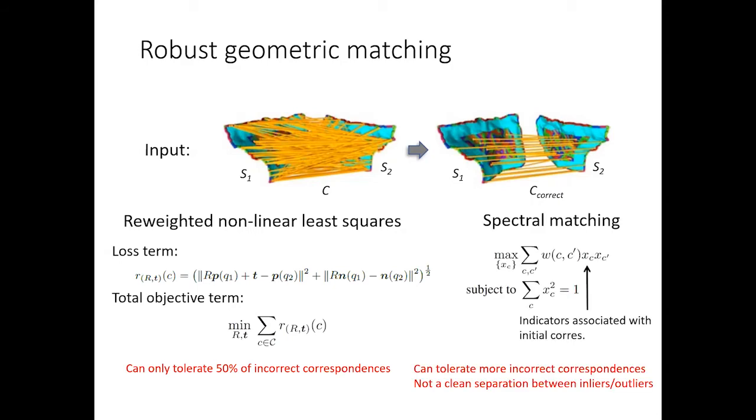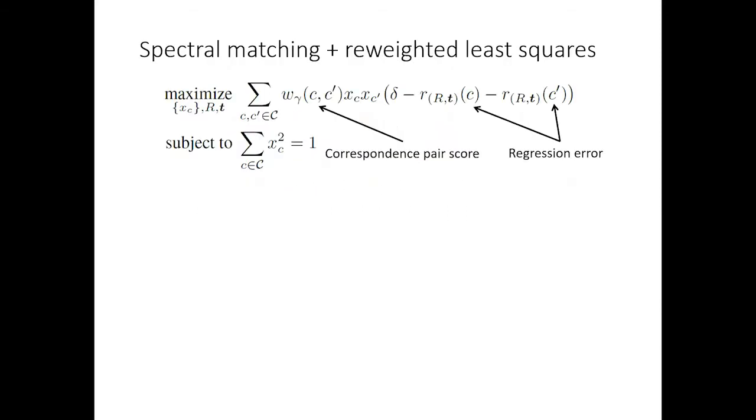And then we also have a global technique, which is spectral matching. This is more advanced, right? It solves a spectral decomposition to derive the indicator associated with the correspondences. This can tolerate more incorrect correspondences, but there's no clean separation between inliers and outliers. That can be handled by the first type, the reweighted non-linear least squares. So our approach combines these two types of approaches.